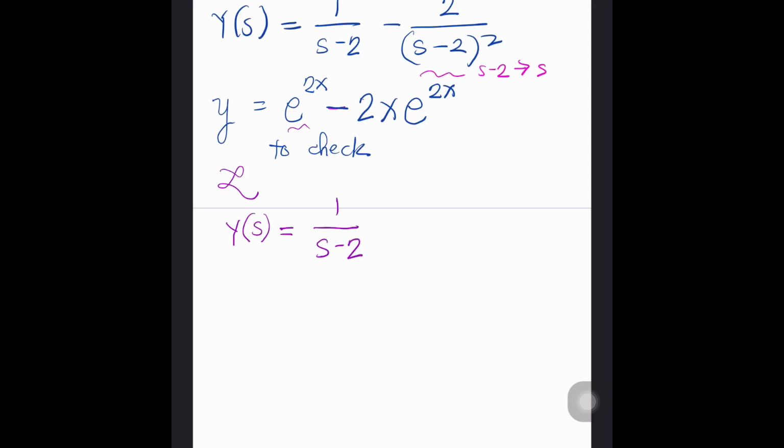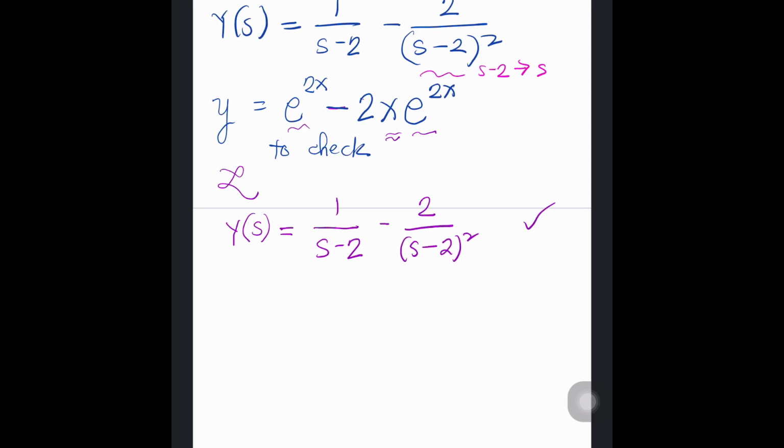Since there's an x counterpart, we Laplace the other side: negative 2x, the Laplace of that is negative 2 over s squared, and change the s domain to s minus 2 domain.